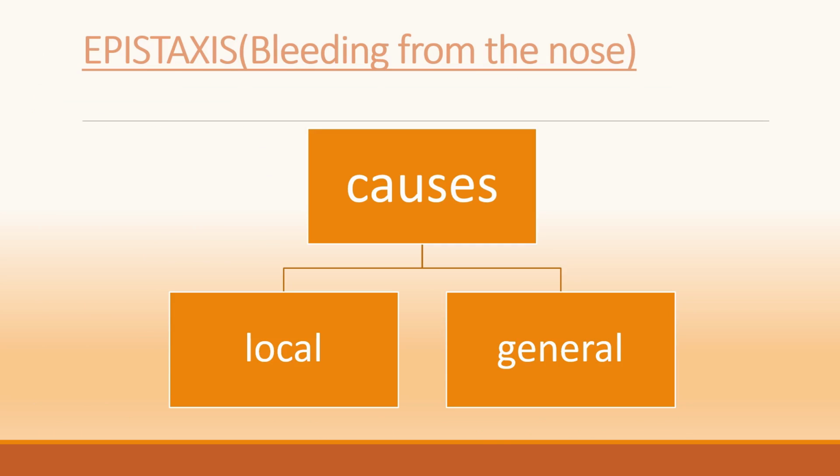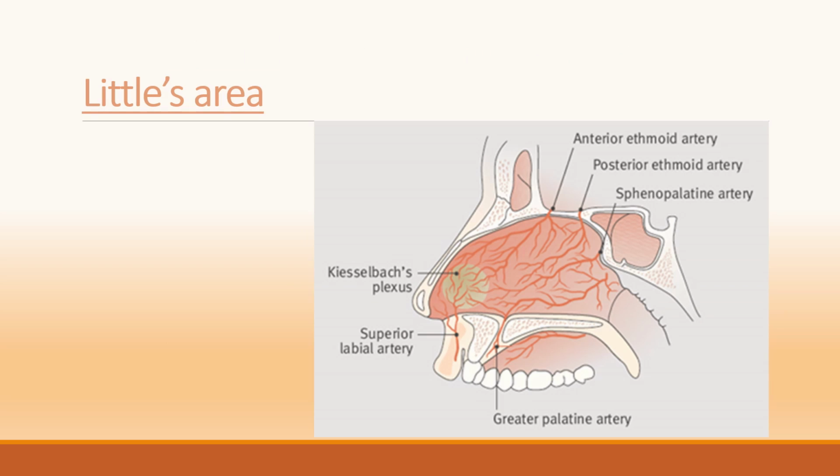Epistaxis, bleeding from the nose. What are the causes? We have local causes and general causes. Little's area is an area in the nasal septum which has multiple blood supply coming from the anterior ethmoid artery, the posterior ethmoid artery, the sphenopalatine artery, the greater palatine artery, and the superior labial artery.